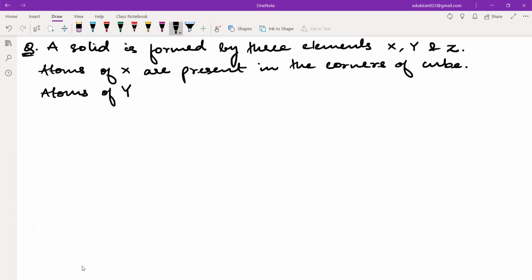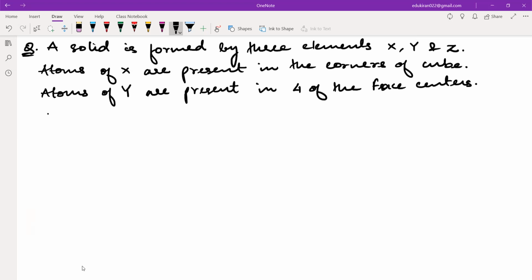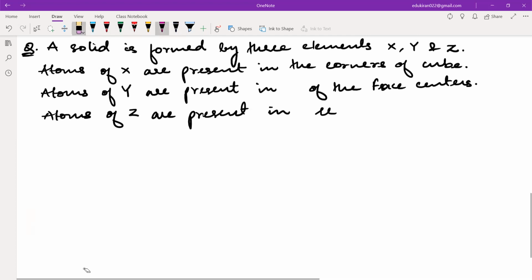Atoms of Y are present in 3 of the face centers, and atoms of Z are present in the remaining face centers.